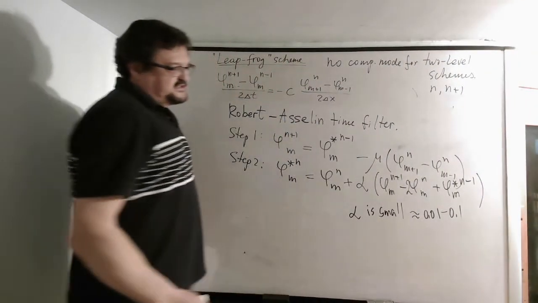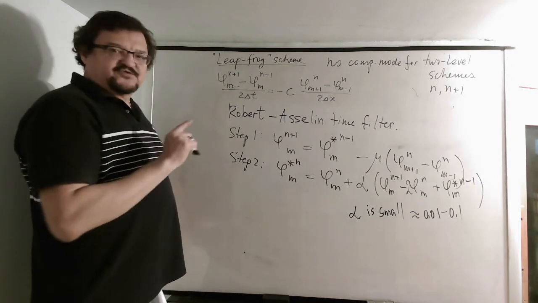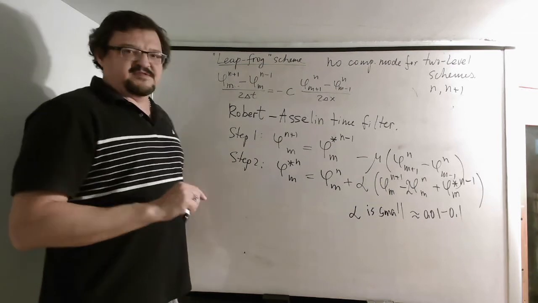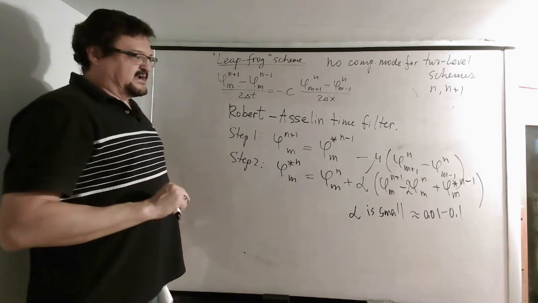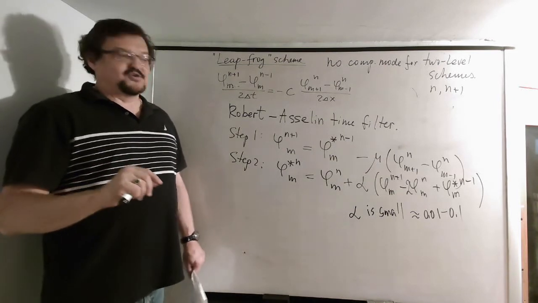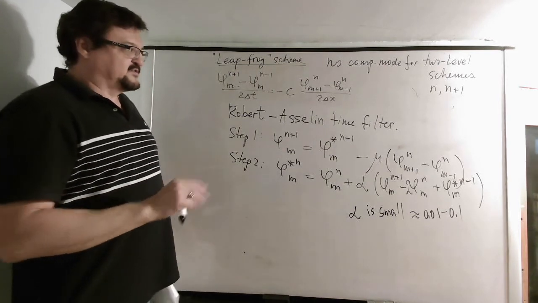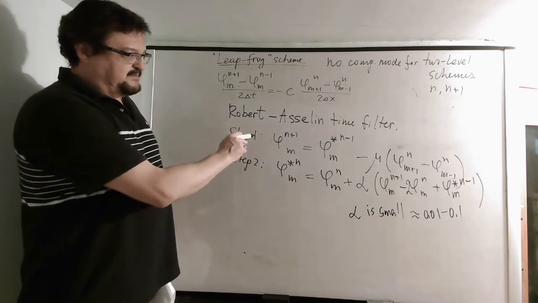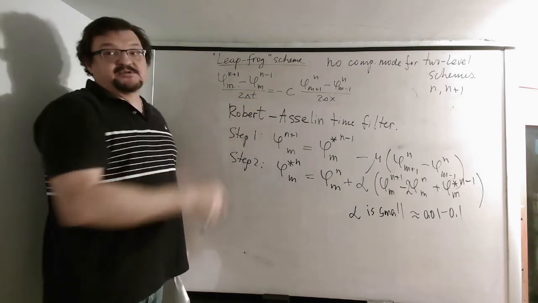So in a relatively small range, and you need to find it experimentally. Maybe it depends on your problem. If you're simulating a thunderstorm, you may have some alpha, and then you simulate a tropical cyclone, that would be a different alpha. So you need to find this experimentally.